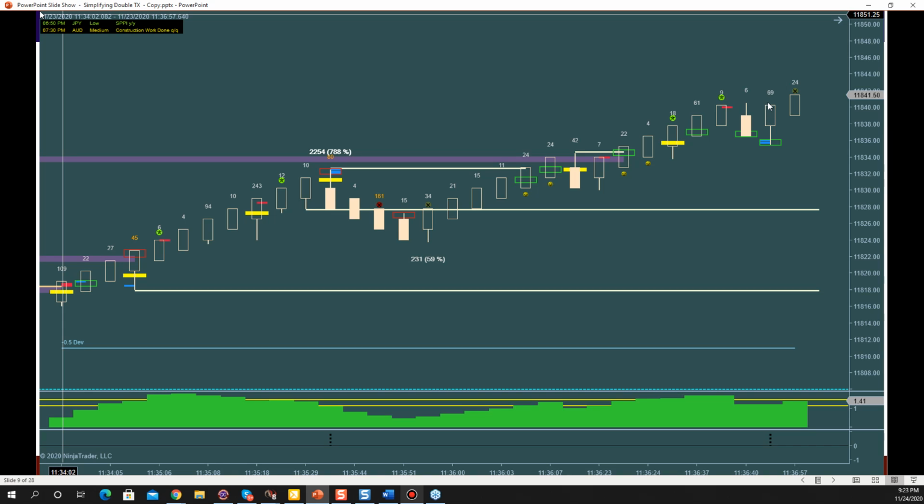That's how we define coil chop: up, down, up, or it could be down, up, down, but three in a row. Everybody understand that? All right, so that's the difference there.